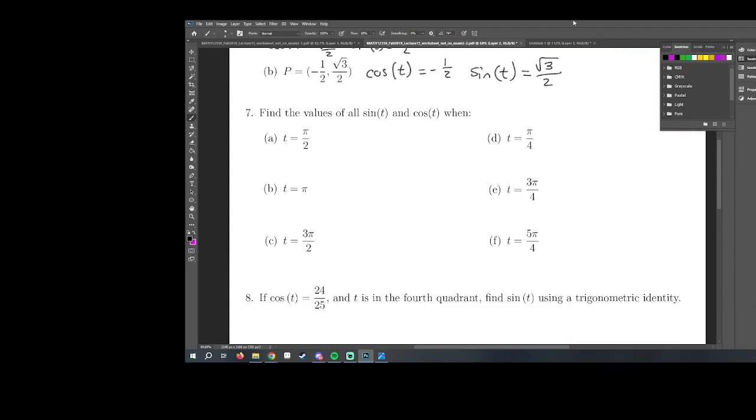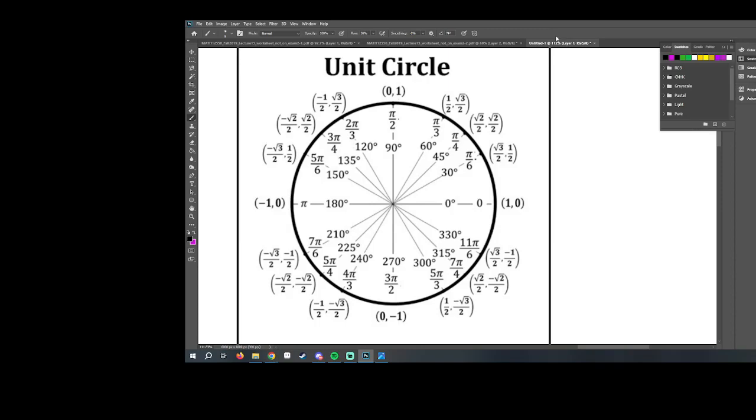Again, now they're going to ask us to use our unit circle here. So you can take a pause and use a unit circle diagram to answer all these problems. They're just saying find the values of sine of t and cosine of t when t equals this. So here, again, these are clearly in radians. We're asking the sine of pi/2. So if I want to find the sine of pi/2, I go back to my unit circle diagram. I look for pi/2, which is right here. It's the 90-degree angle.